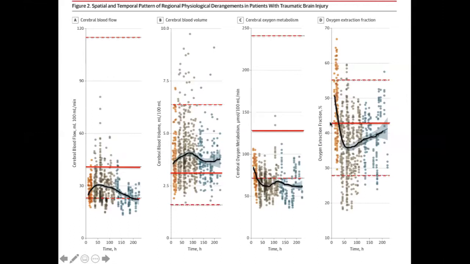And we see that in the very first few hours, we have an increased oxygen uptake. So the first few hours mean real ischemia. It's not just based on a threshold, but on a balance between oxygen delivery, oxygen consumption, and uptake. And then after the first day, there is a phase of reduced oxygen uptake.